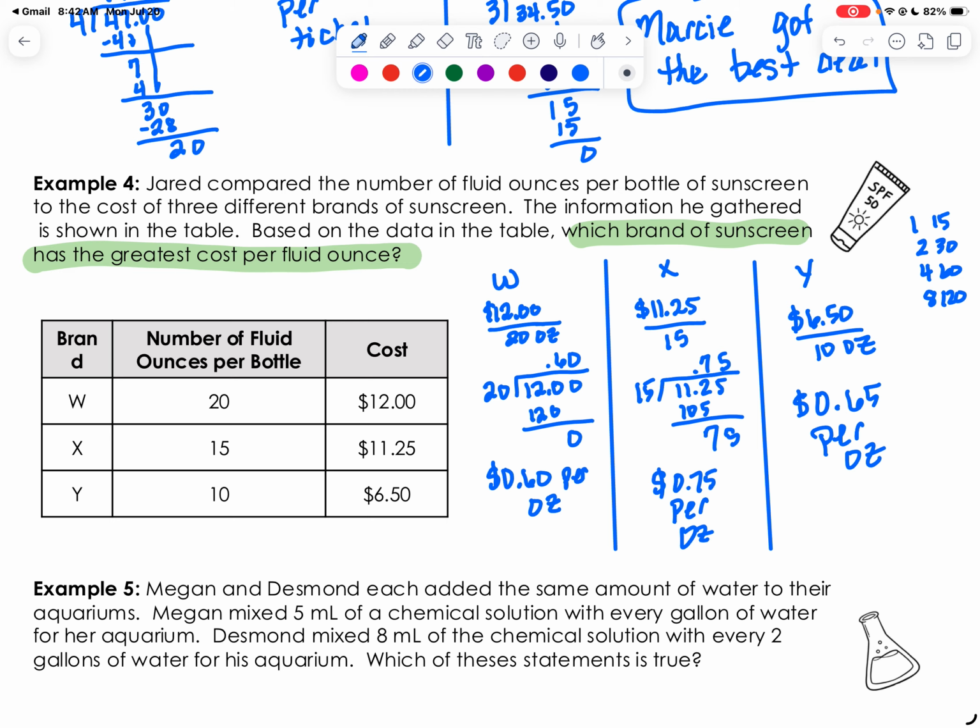Now that we've completed all 3 brands, we can answer the question, which brand of sunscreen had the greatest cost per ounce? So our answer would be brand X, because it had a cost of 75 cents per ounce.